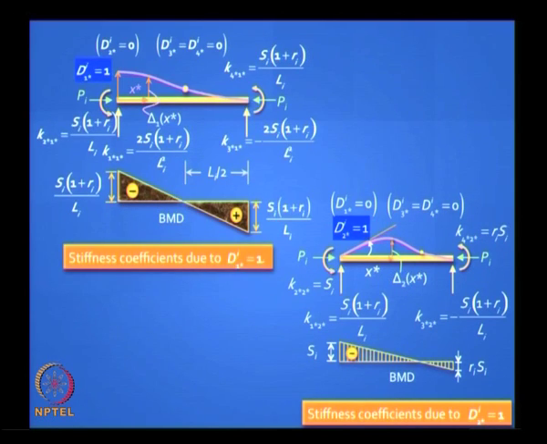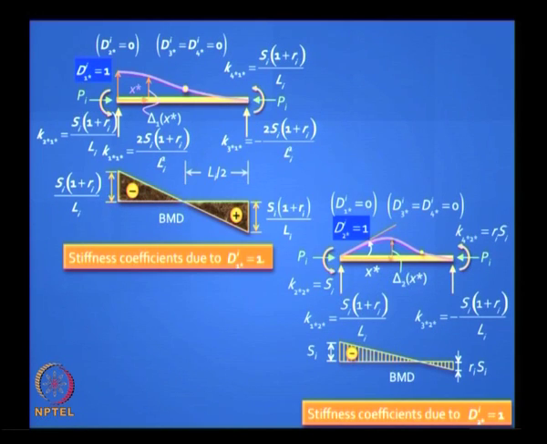If you have a translation with both the ends fixed, then you have an equivalent chord rotation given by 1 by L, and the formulation is similar to what we did for a conventional beam element without any axial force acting.